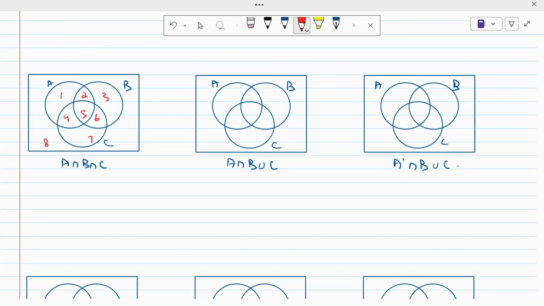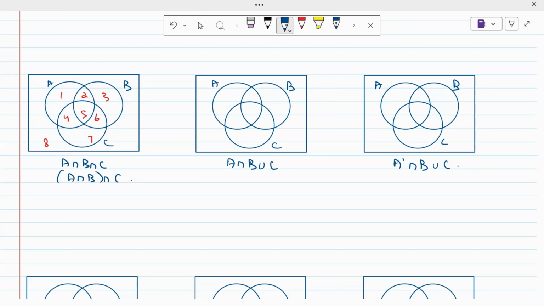To keep things simple, it's advised to add a bracket yourself. Sometimes they do give a bracket between two sets, and sometimes they don't. So if they are not giving you the bracket, you can apply the bracket yourself to keep things simple. For the first part, A intersection B intersection C, I'm adding the bracket myself for A and B, intersection C.